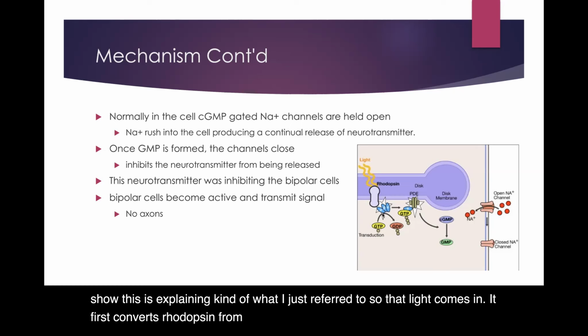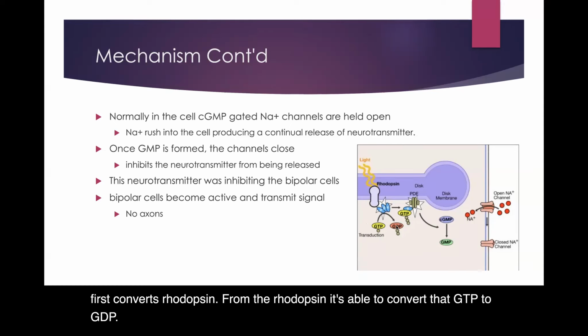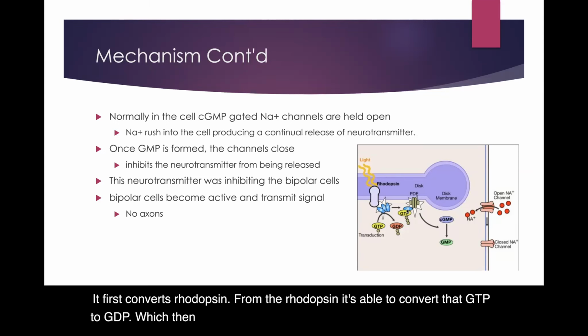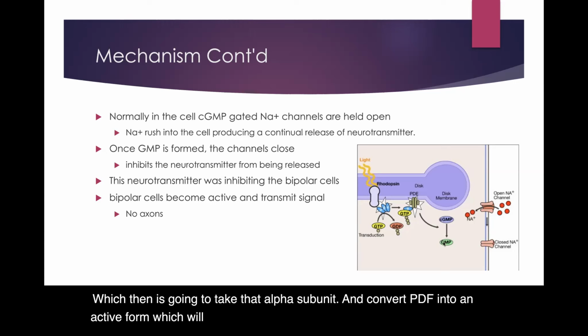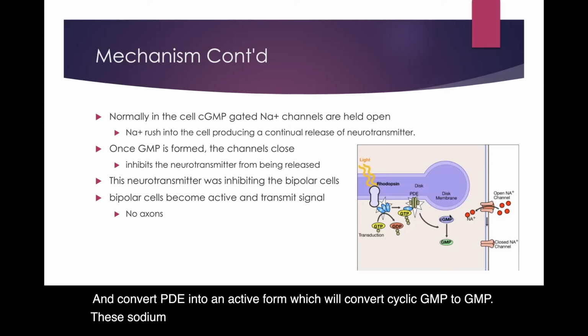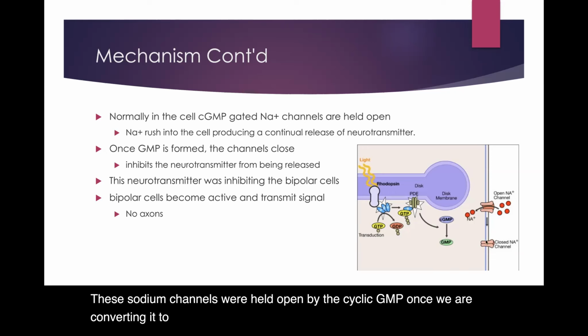From the rhodopsin, it's able to convert that GDP to GTP, which then is going to take that alpha subunit and convert PDE into an active form, which will convert cyclic GMP to GMP. These sodium channels were held open by the cyclic GMP. Once we are converting it to GMP, the sodium channels will close.